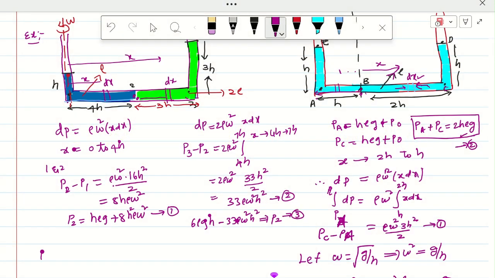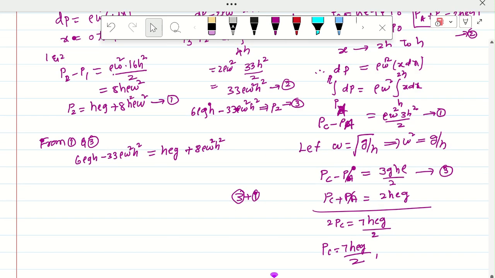So now from 1 and 3, these two are equal to P2, right? Therefore, 6 rho g h minus 33 rho omega square h square is equal to h rho g plus 8 rho omega square h square. Now bring h rho g to this side and rho omega square to that side.